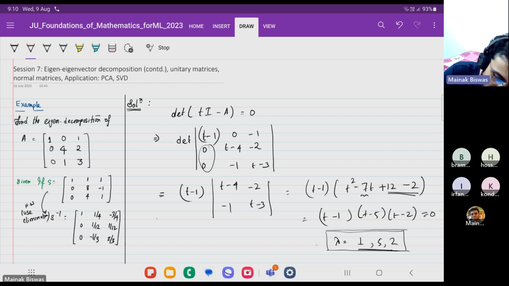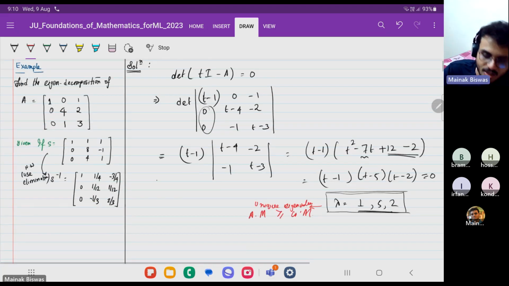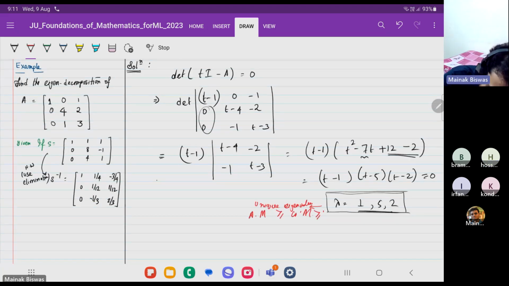They are unique eigenvalues, right? So your algebraic multiplicity, we saw, is greater than or equal to geometric multiplicity, which has to be lower bounded by 1.